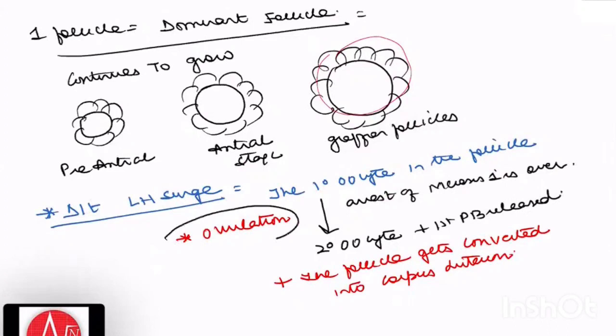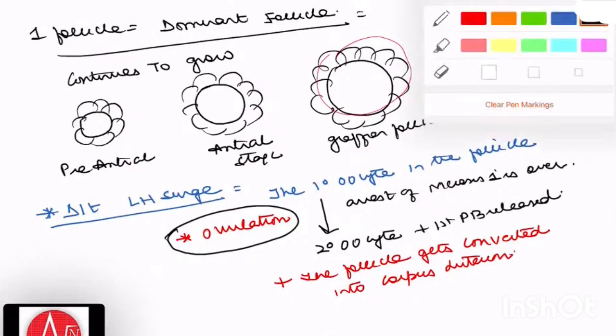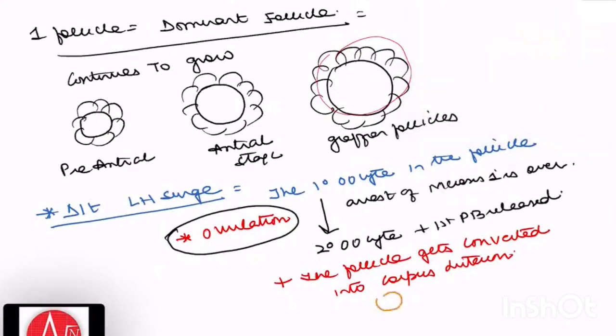So till here, have all of you understood? We will be doing questions related to it, but first understand the cycle and then I will tell you all questions related to it. Yes? Okay. Now what is going to happen is, now your corpus luteum has formed. Ovulation हो गया and corpus luteum has formed.